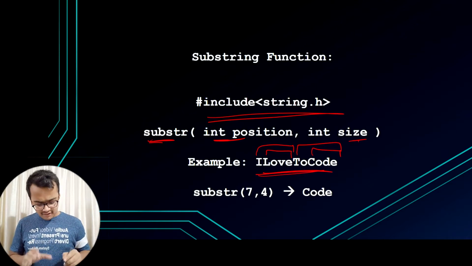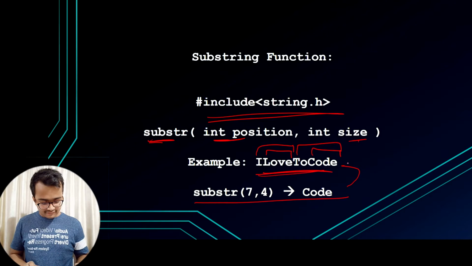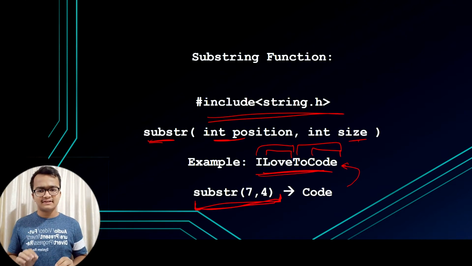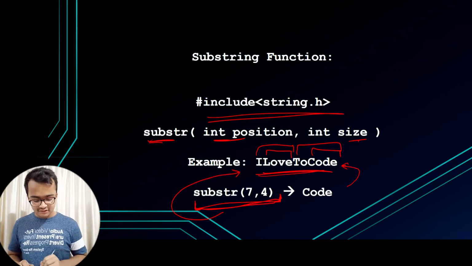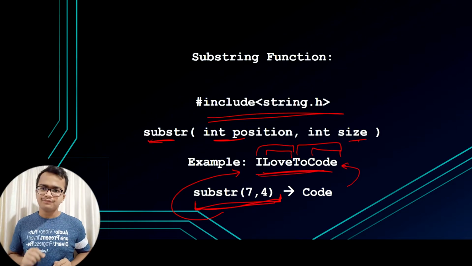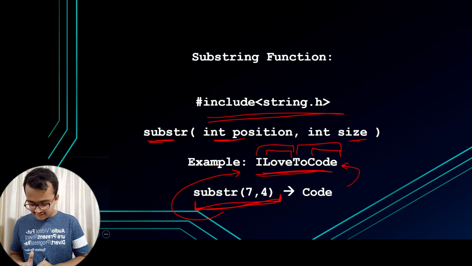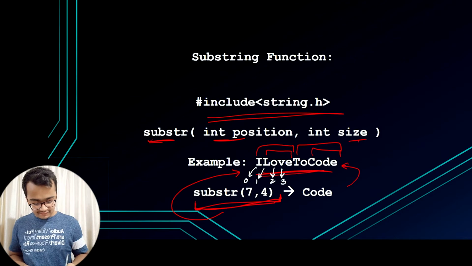Now if I apply this function to the above line, say for example, this is not the correct syntax, but for the sake of understanding, let us apply this function to this string. We know very well that string indexing starts from 0. So i's index will be 0, l's index will be 1, o's index will be 2, v's index will be 3, e's index will be 4, and like this 5, 6 and then 7.